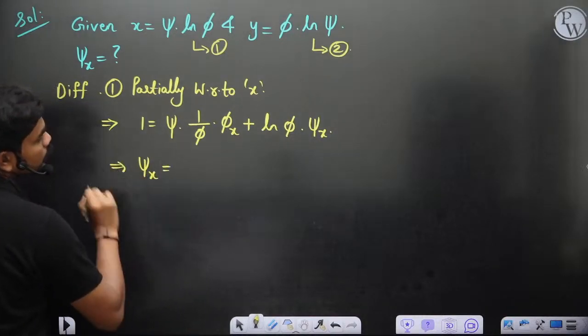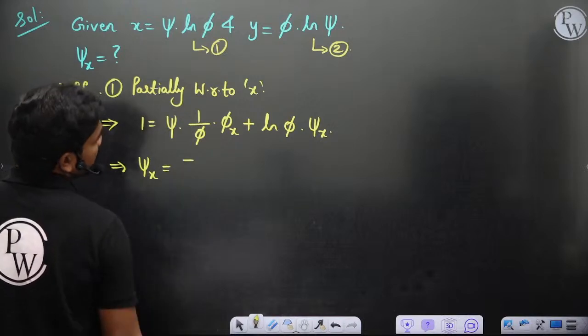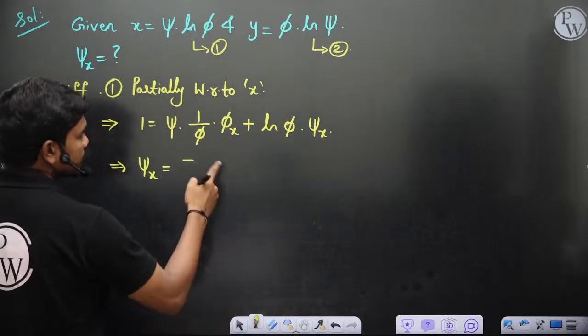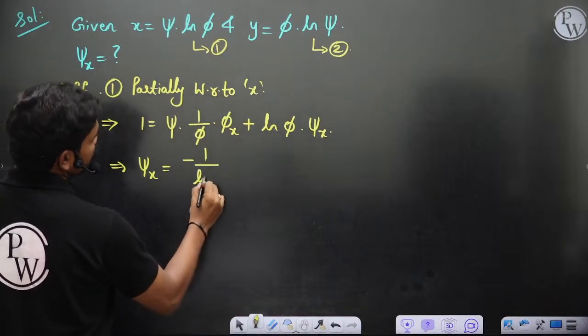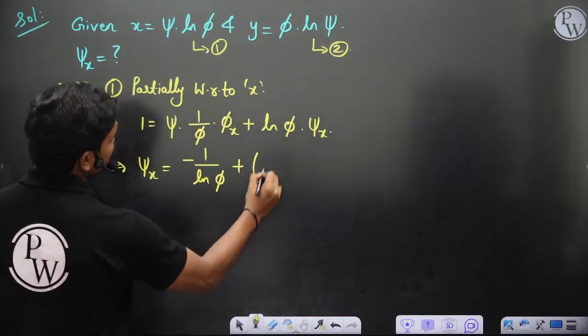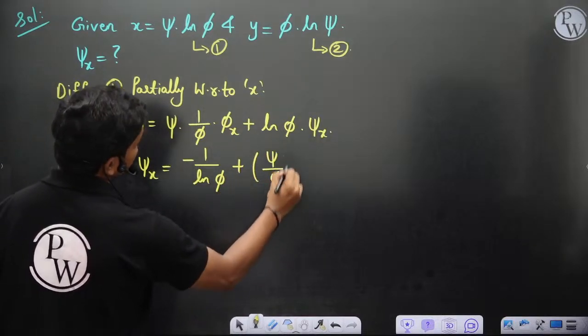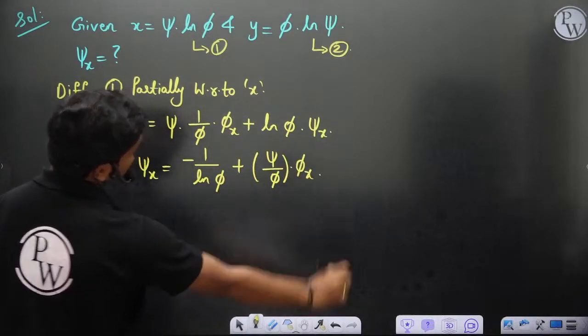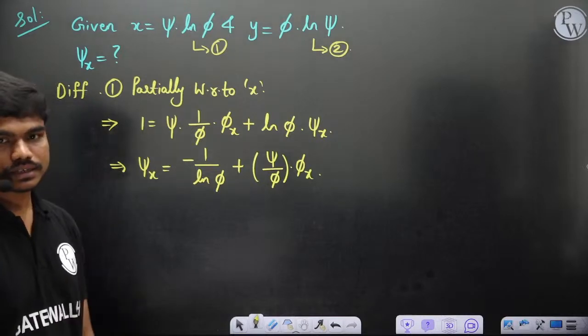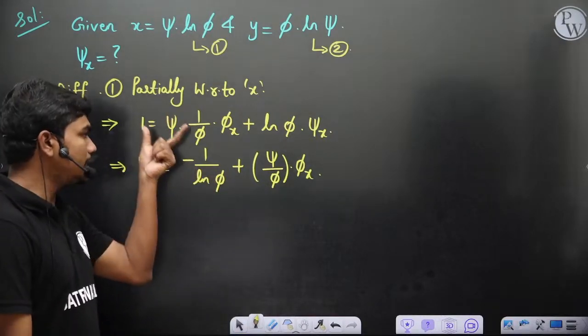So psi x is equal to minus 1 by ln phi times phi by psi multiplied with this phi x. Okay, so this is the equation that we have, correct? If you differentiate this with respect to x partially, this is what you will get.